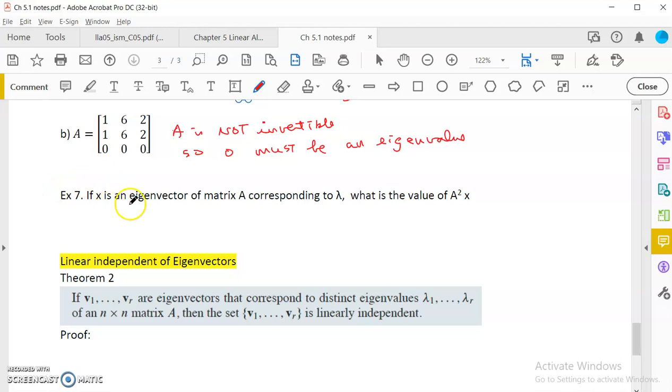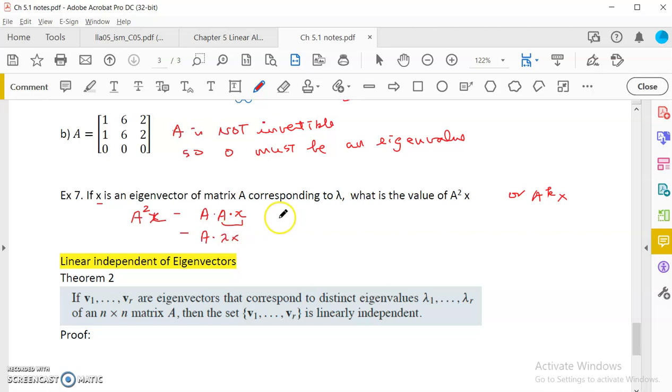And we can also use some properties of an eigenvector to find the value of A squared x, or A to the k x, right? So let's say I know x is an eigenvector, and I do A squared x. That means I have A times Ax. Matrix multiplication is associative, so I can do this first, A times lambda x.